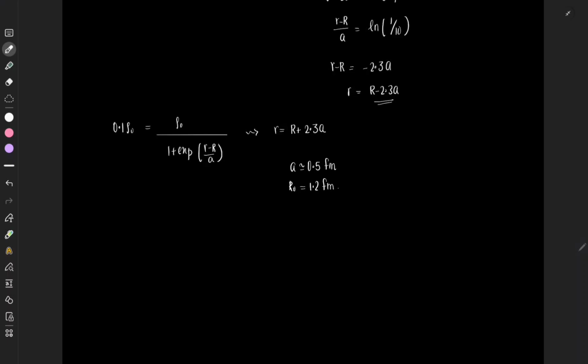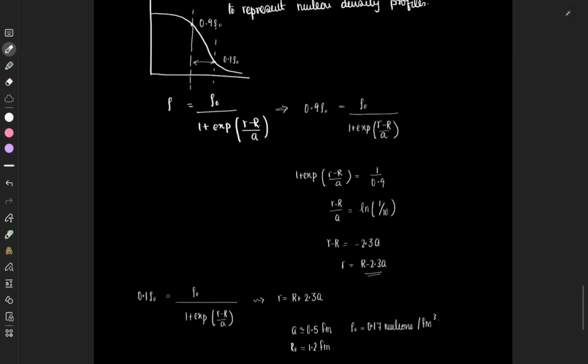Rho naught, the density of the core, is 0.17 nucleons per fm cubed. From here we can understand this separation is almost 4.4 fm.